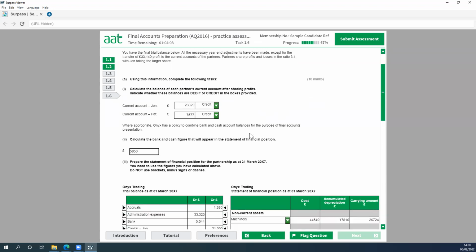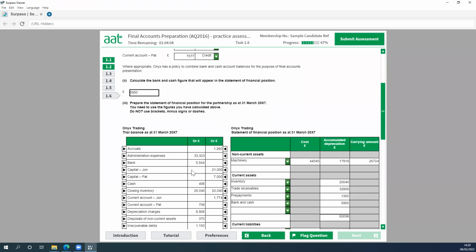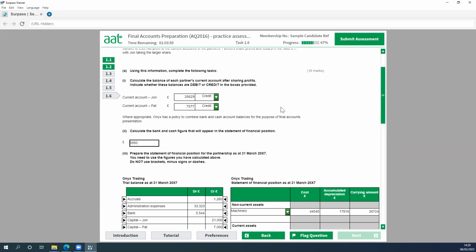First thing we need to do is look at the state of their affairs at this moment in time. In relation to the current account, John already has 1,774, but Pat is overdrawn by 708. We need to take that into account when we do the calculations.